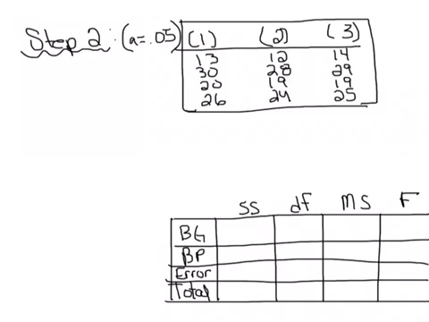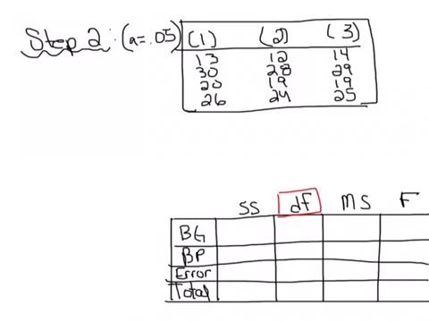I have the original data condensed as group 1, group 2, and group 3. The first thing that I do is fill in my degrees of freedom immediately. That's what I'm going to work towards first, completing these degrees of freedom so that I can get my critical value.